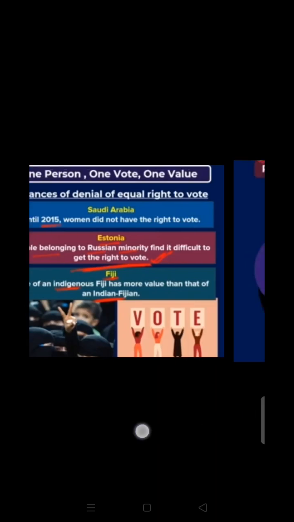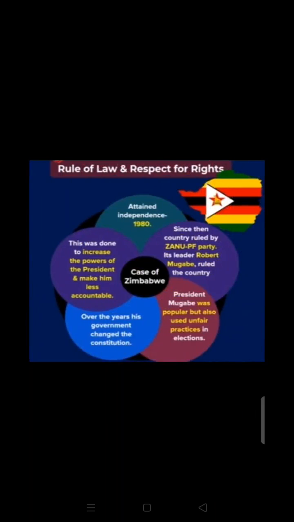And the next feature of democracy is rule of law and respect for rights. And it is clear by the example of Zimbabwe. Zimbabwe attained independence from white minority rule in 1980. Means firstly there was a rule of the Britishers. Since then the country has been ruled by ZANU-PF because this party led the freedom struggle and its leader was Robert Mugabe.